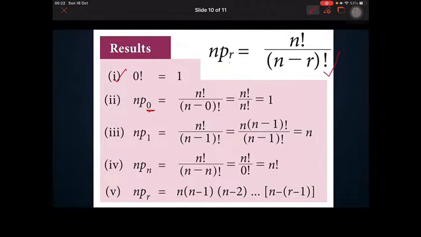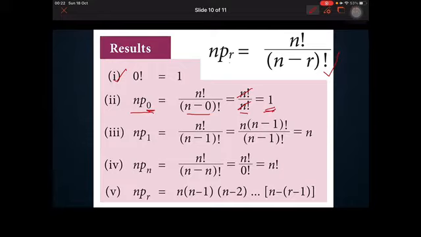So n factorial divided by n minus 0 factorial. N minus 0 is n. So n factorial divided by n factorial, we can simplify that and it is equal to 1. So nP0 is equal to 1.